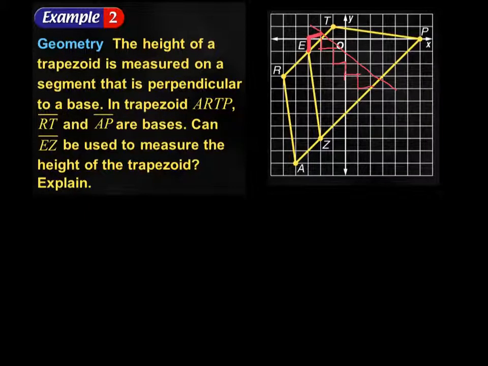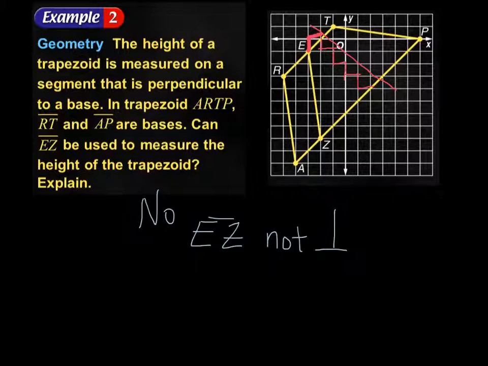So that is a big old no. And explain. EZ is not perpendicular to, and this is our abbreviation for perpendicular to, RT, I guess we can put them both, or to AP.